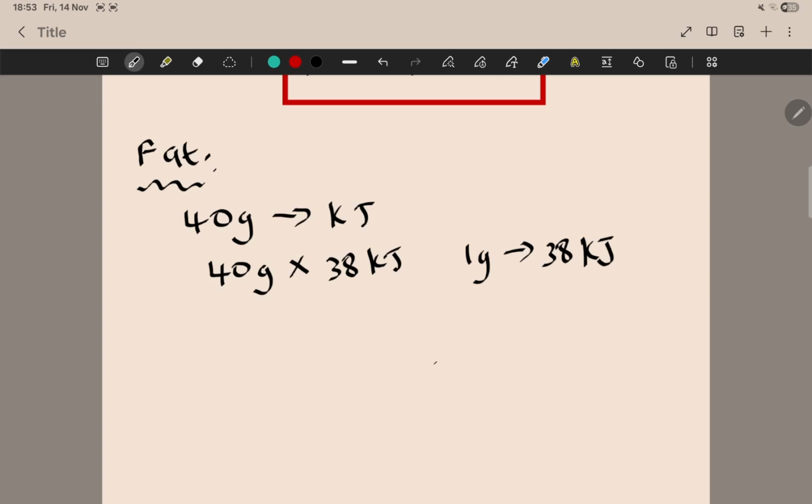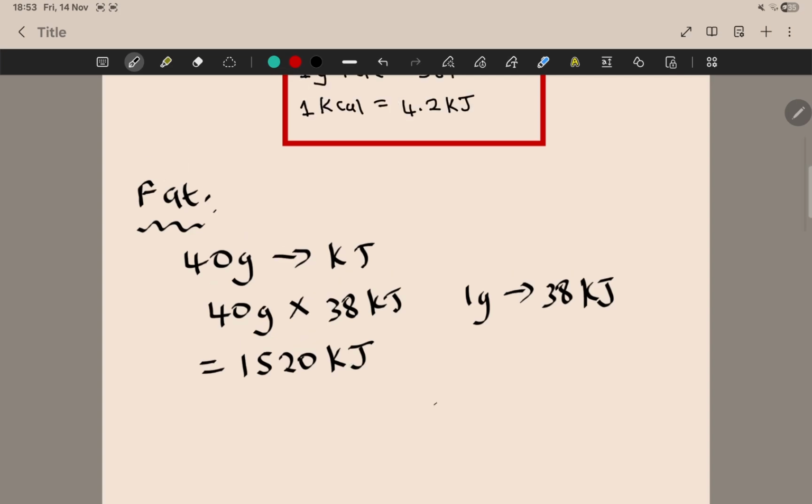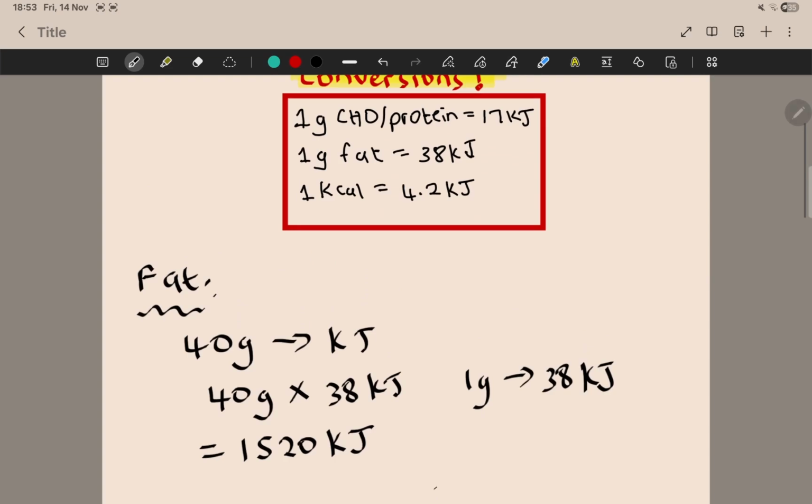And we also see from this that fat is really energy dense. Okay, and that gives us 1520 kilojoules. So that's basically how we convert backwards and forwards from grams to kilojoules.